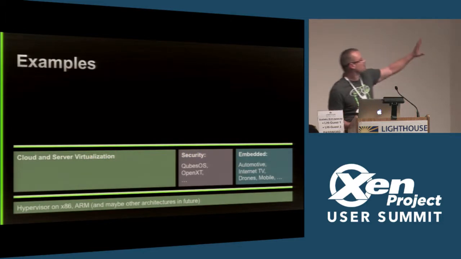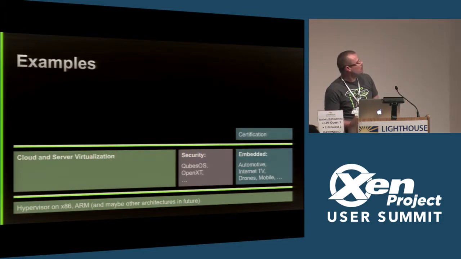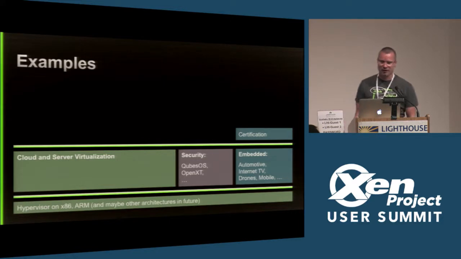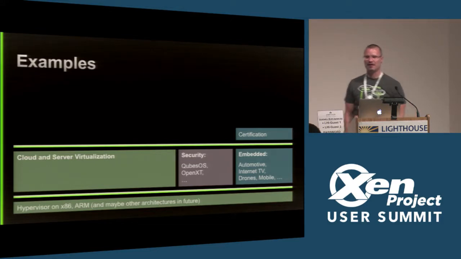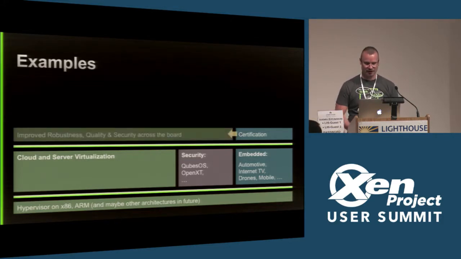Right? So we have the same picture we had before. Let's look at one of the areas which is important for embedded. The specific use case there is using Xen as a hypervisor in drones, which might be a very strange use case, right? And certification is important there.